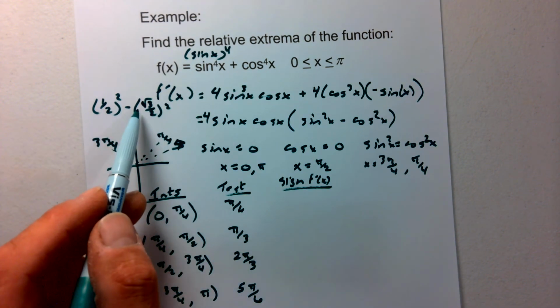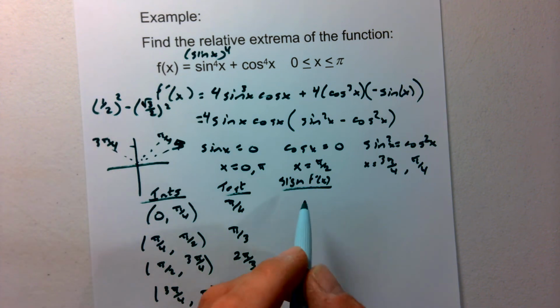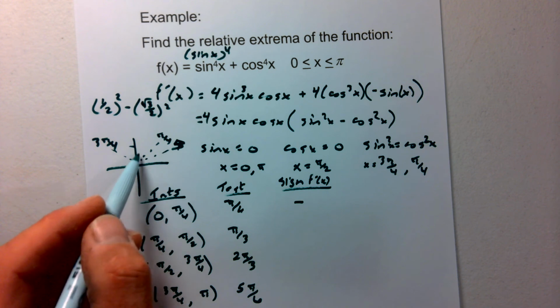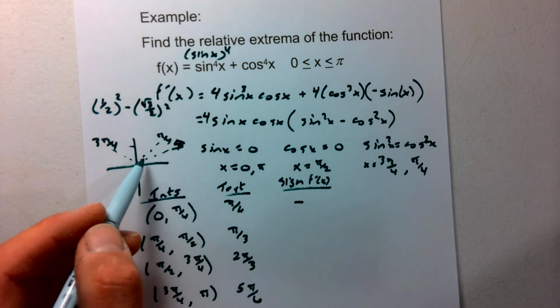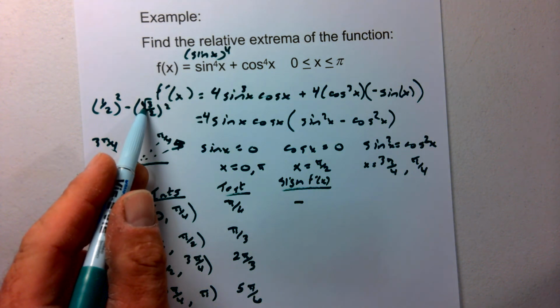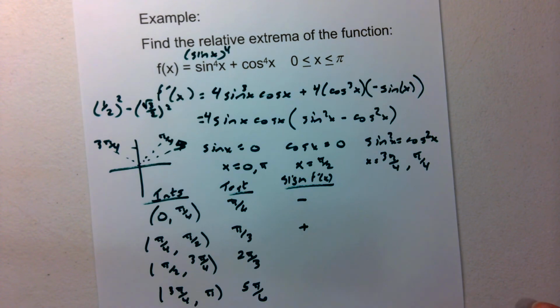So we know that radical 3 over 2 is going to be larger than 1/2, so we're going to get a negative value there. At pi over 3, we're going to look at our sine as being radical 3 over 2, and our cosine being 1/2, so that's going to give us a positive value.